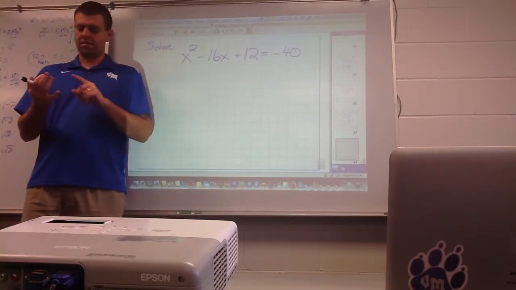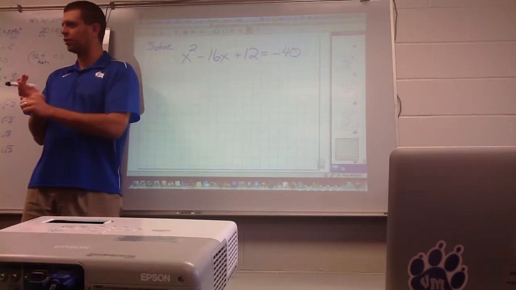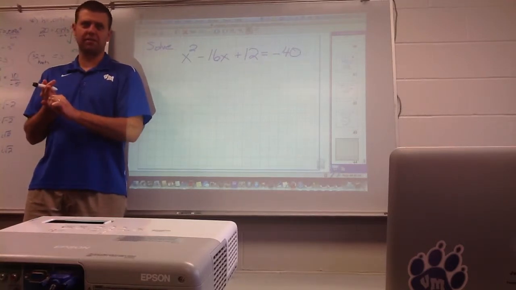Before we get started, before today, the two methods I had given you were solving by square roots and solving by factoring.